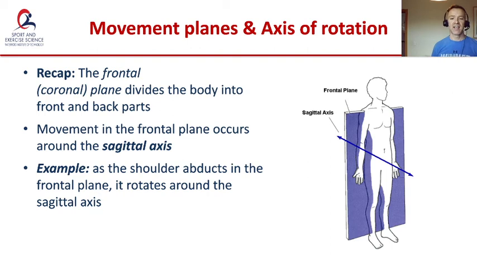That movement occurs parallel to the frontal plane, and it occurs around the sagittal axis. So if this arrow was passing through the shoulder joint there, that would possibly be a little bit clearer. The movement is occurring around the sagittal axis in the frontal plane.